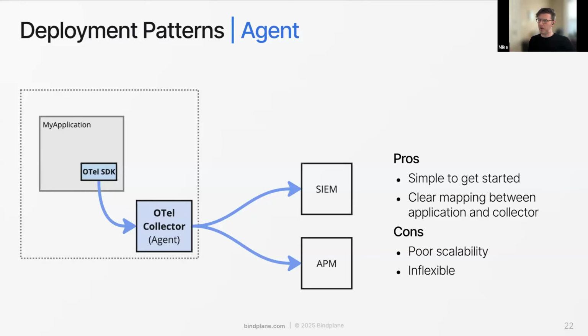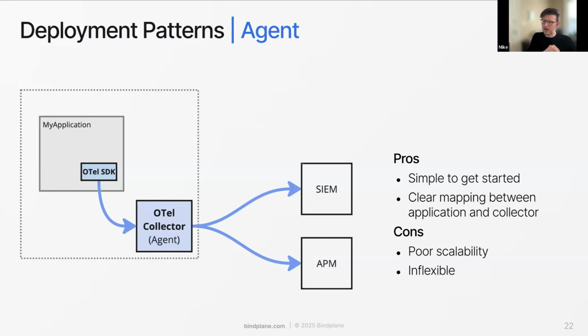And this really matches what we just showed: we have a host, we have an application or source running. You may have the SDK instrumenting an application. That collector running in what we would call agent mode can then gather, process, and send data wherever you want it to go.